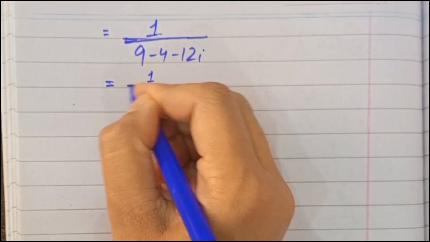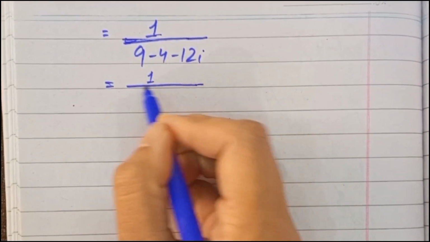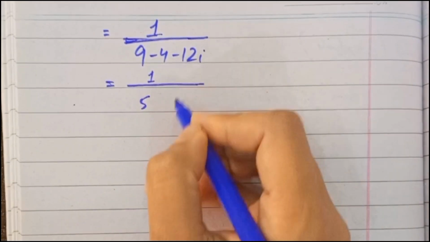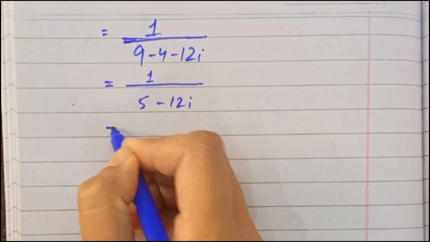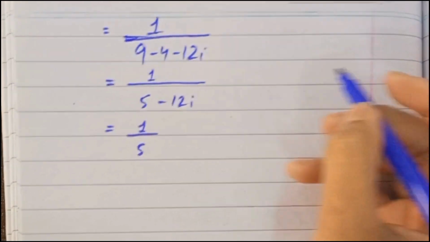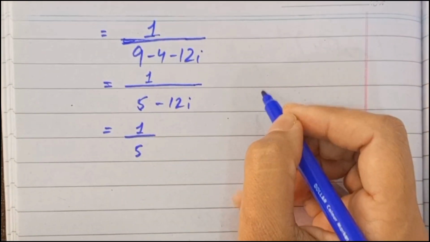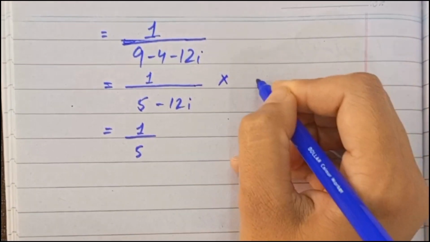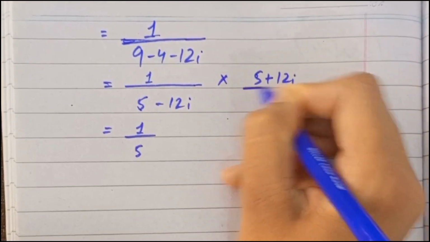Now 9 minus 4 is 5. Can we split it? No, we can't split it at this position, so we'll multiply and divide it with 5 plus 12i.